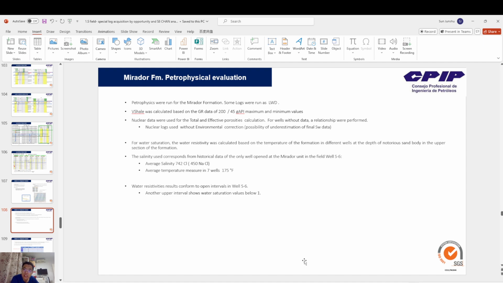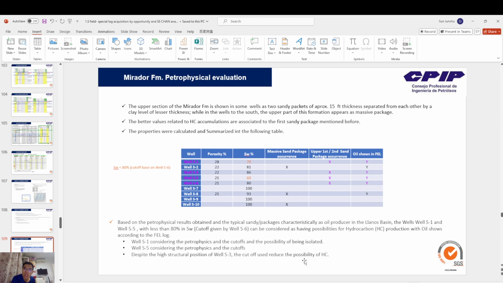Average salinity correlated around 742 ppm. Average temperature measured at S7 wells, 175 degrees. Water resistivity results confirmed the open intervals in well S6. Another upper interval shows water saturation values below 1.